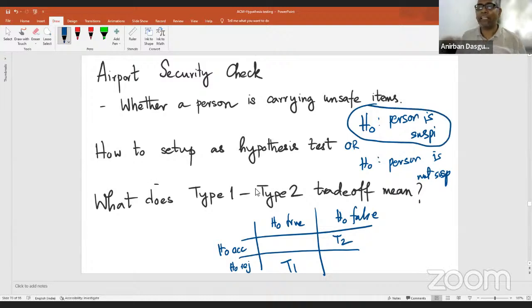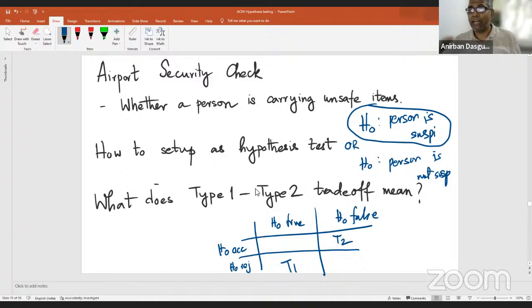My default is that I think a person is suspicious, and only if I have significant evidence to the contrary, that is, only if the sound of the blip is very, very low, do I let this person go and say that I'm rejecting this H0. Even if I have not enough evidence, I will do another search. I will assume that the person is suspicious.